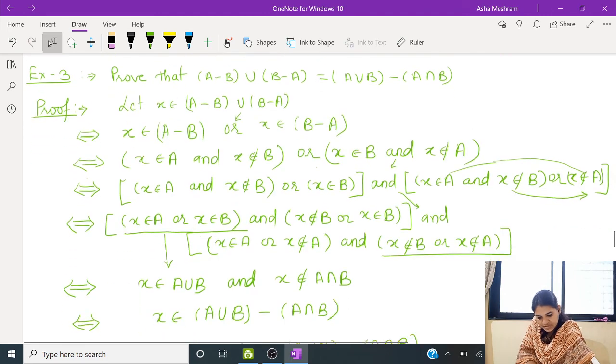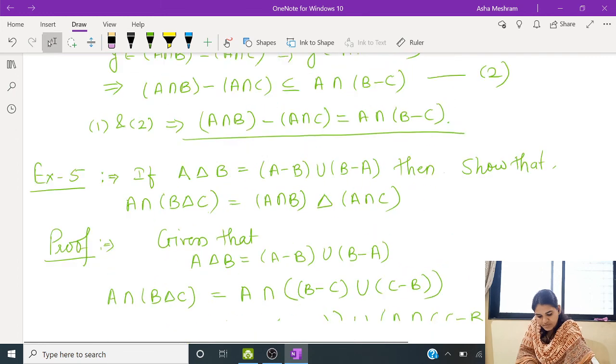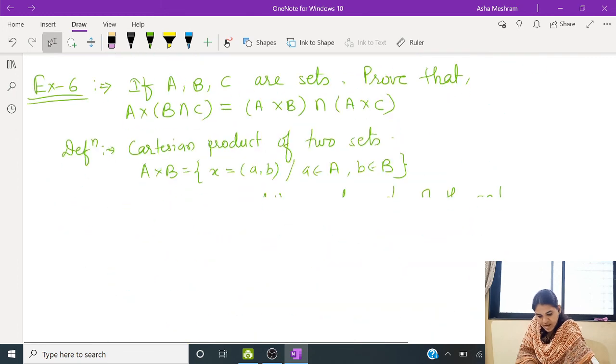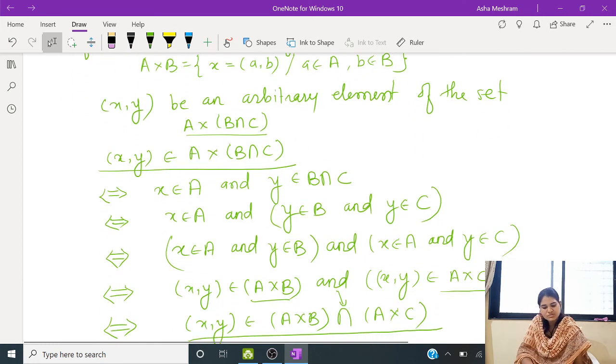Today we started with example 3, then examples 4, 5 and 6. This was the last example of this topic, and here we have finished the Cartesian product of two sets. In the next lecture we will start with the definition of functions.